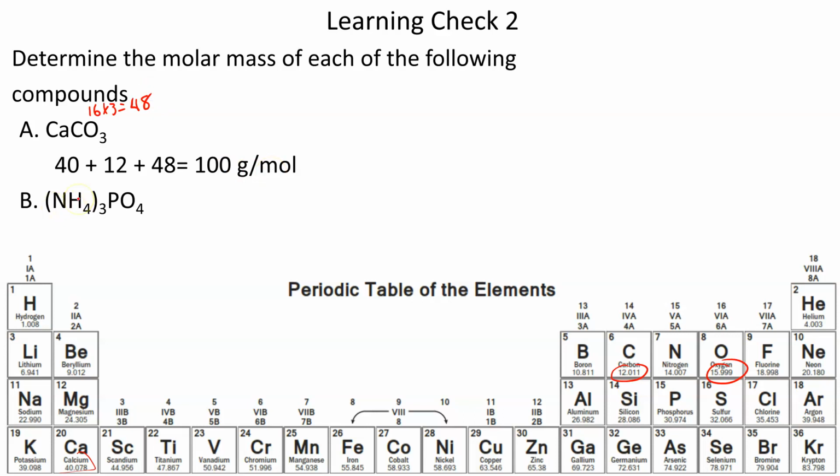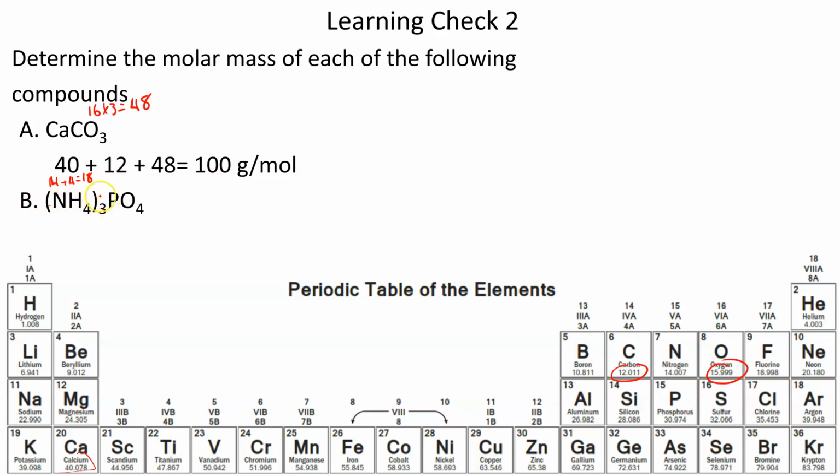This is a little tougher. Ammonium phosphate, that's a lot going on for it. So nitrogen's 14, hydrogen is 4, so that's 18, and then we have to multiply that 18 times 3 because we want to get the mass of the whole thing. That's 54. So you have to distribute the 3 on the outside to everything.